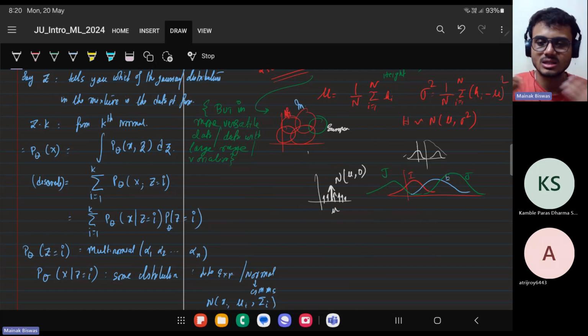This is one thing you must keep in mind. It's better to have it out of the way first. But you cannot have infinite of them. If we had infinite, we could assign one data point to each normal and just say that data point itself was the mu and there was no standard deviation. But now that doesn't make any sense. Then you are saying that each data point is a cluster, and that's a trivial solution, right?